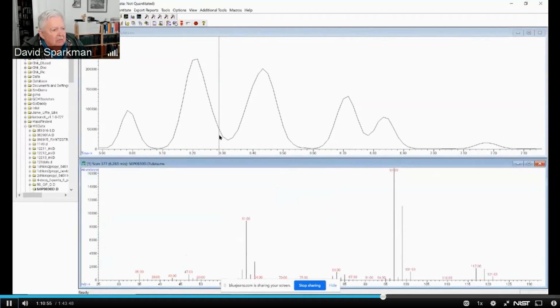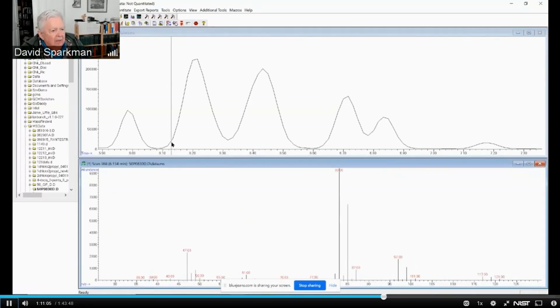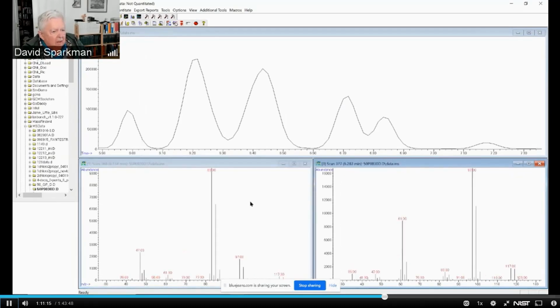Now, you see, we have a result here that does not have a 3 in it. And on the front side, we have a result that does not have the 97 in it. And if we look at those two spectra together, we see that those are two definitely different spectra.